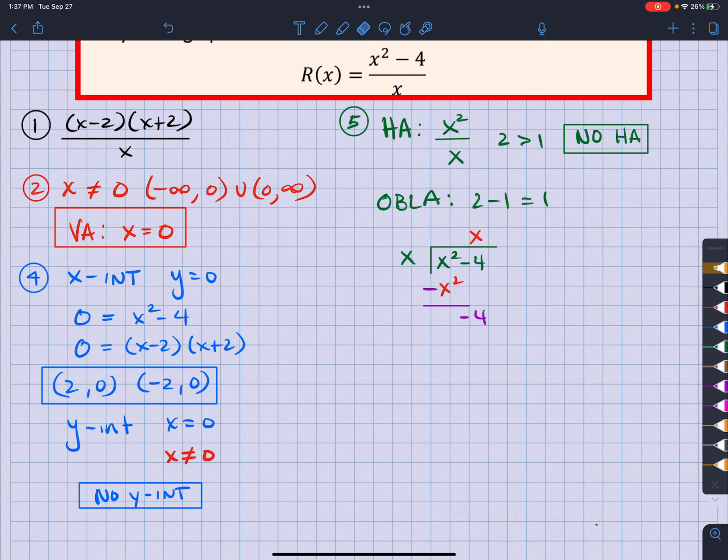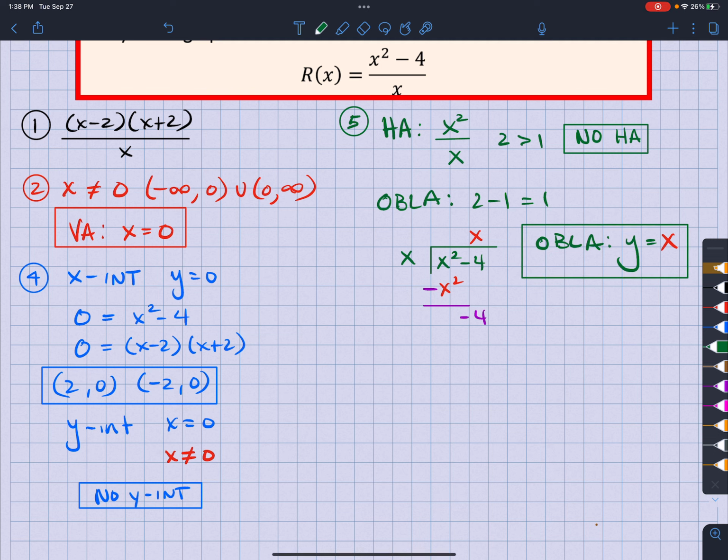So I'm going to have an oblique asymptote at y equals x. Okay, now again, this would be based on this x, not this x. Okay, all right, so let me also box that up.